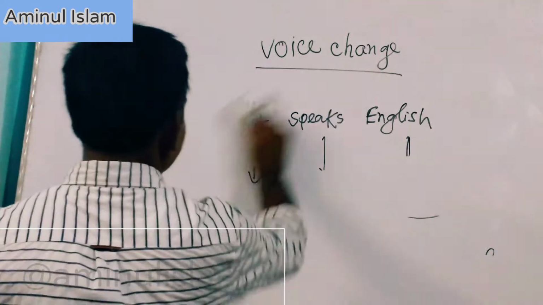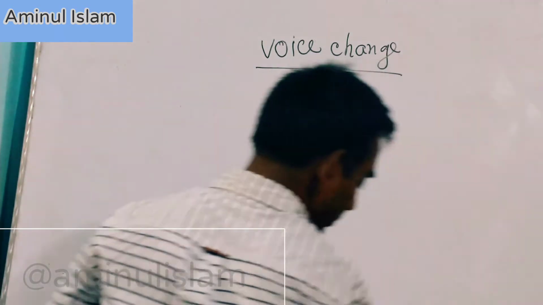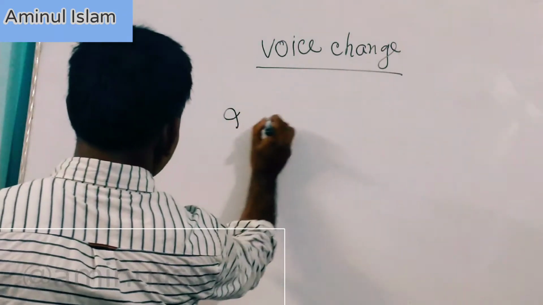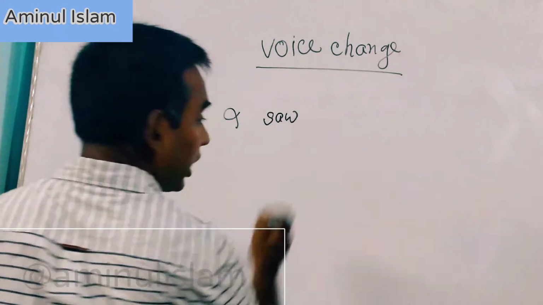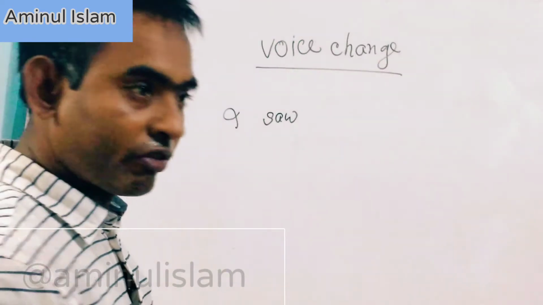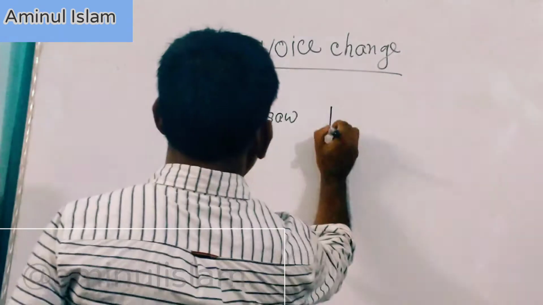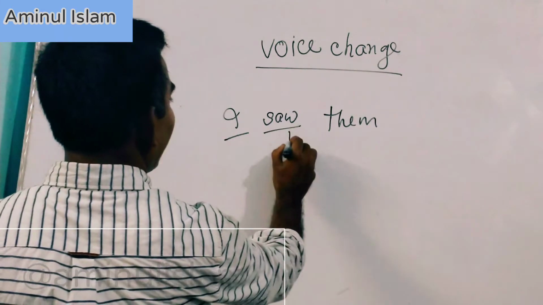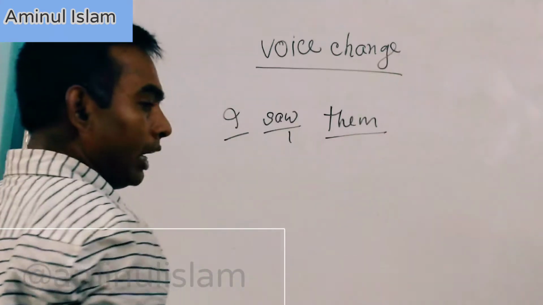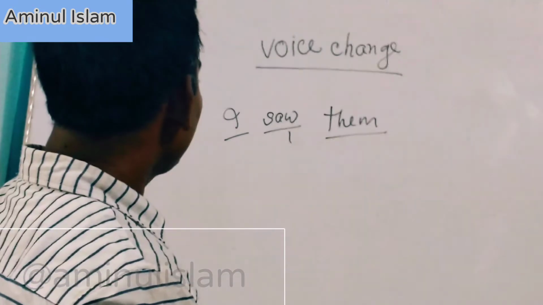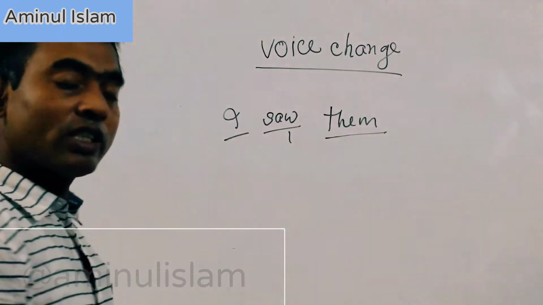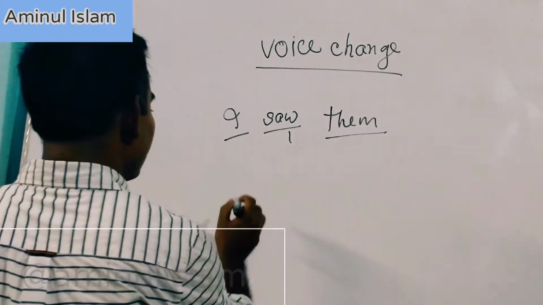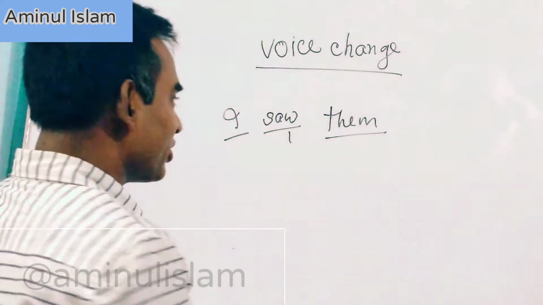Next, I saw them. Look at the whiteboard. I saw them. Here, I is the subject, saw is the verb, them is the object. As I told you, if you want to make this sentence passive, then you have to place the object at the beginning of the passive voice.